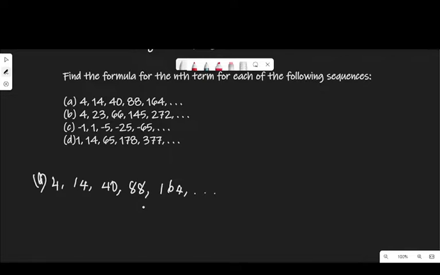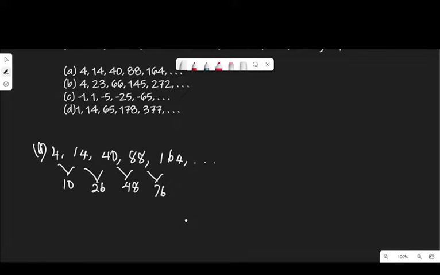Taking the first order difference, 14 minus 4 is 10, 40 minus 14 is 26, 88 minus 40 is 48, 164 minus 88 is 76. That is the first order difference.